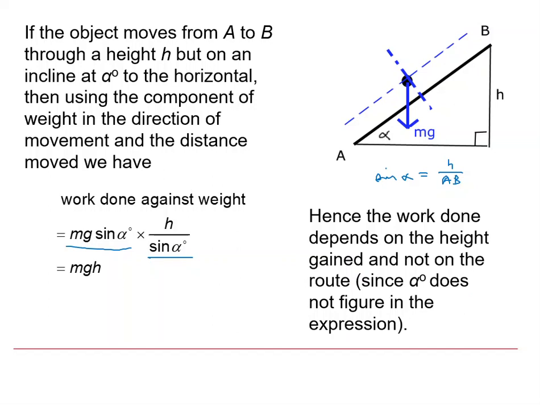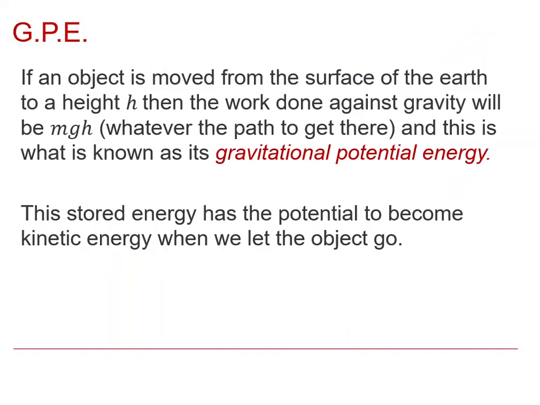So gravity is a conservative force, which means two things: it has a potential energy function, and it also means that it doesn't matter what the route is if you're considering the work done.